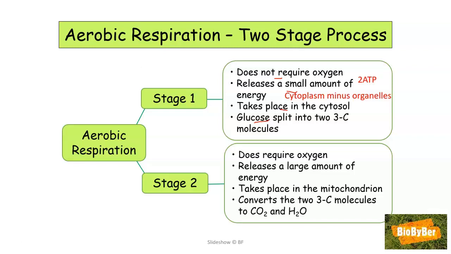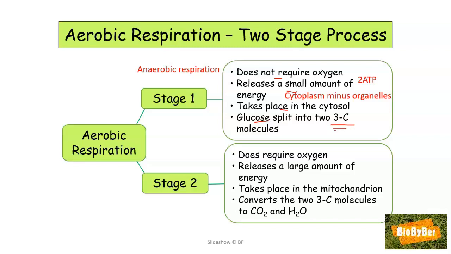This should be ringing a bell. And of course, it is identical to our simple description of anaerobic respiration. Now, what happens next depends on whether oxygen is present or not. We are to assume that oxygen is present because we're describing aerobic respiration.